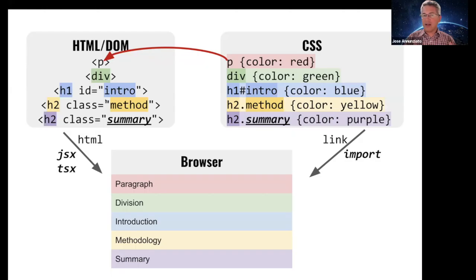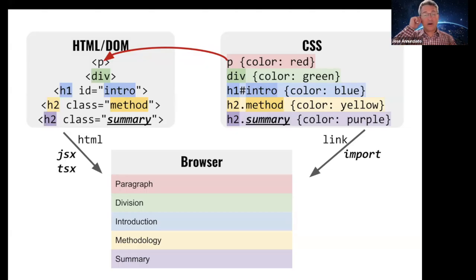HTML all by itself uses a default look and feel. The default font is Times New Roman. The default size of headings is 24 pixels, and heading 2 is maybe 16 pixels, so smaller. For each element, it has a style sheet, a set of attributes that define what fonts to use, what color scheme, what background colors, how it's justified from left to right.